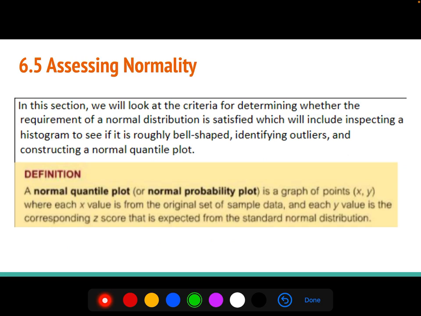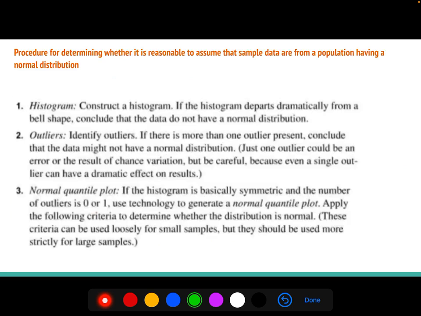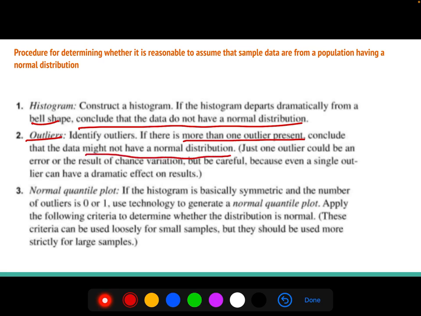All right, now 6.5, your last section in here. Sorry, guys, these are long notes. We're going to look at normal quantile plots. This is actually really easy. You know about histograms. You can kind of see if they're bell-shaped to see if they have a normal distribution. You can look at outliers, and if there's more than one outlier present, you conclude that your data might not be normal. You can look at the normal quantile plot and see if it is mostly linear.